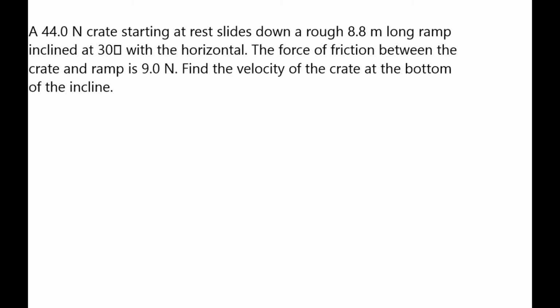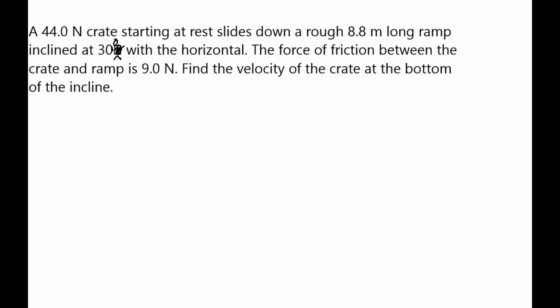This next one is the first one that's a little bit more difficult. This should say 30 degrees, not 30 box. A 44 newton crate starting at rest slides down a rough 8.8 meter long ramp, inclined at 30 degrees to the horizontal. The force of friction between the crate and the ramp is 9 newtons.